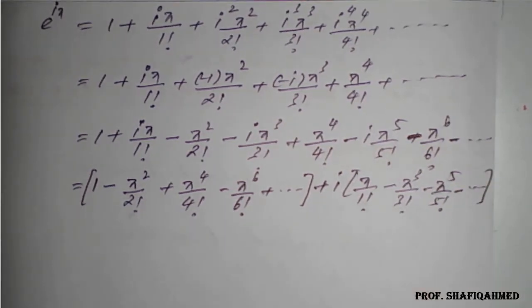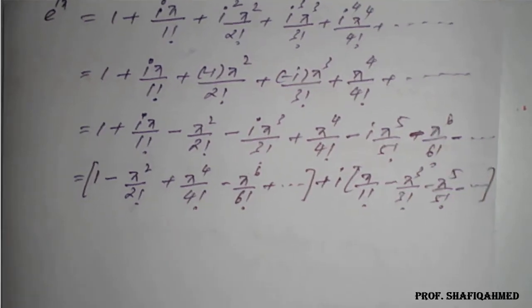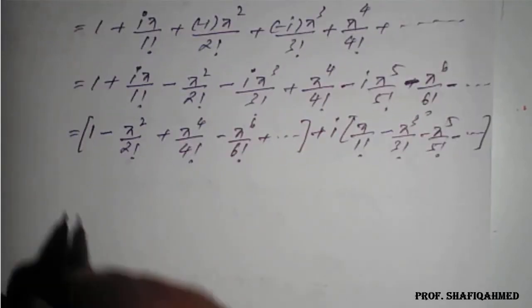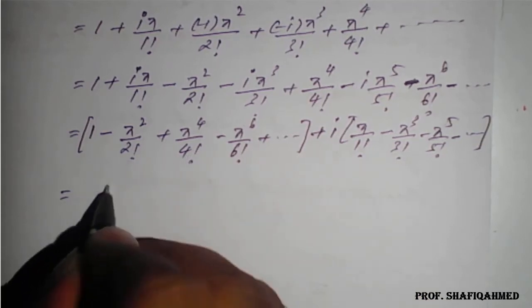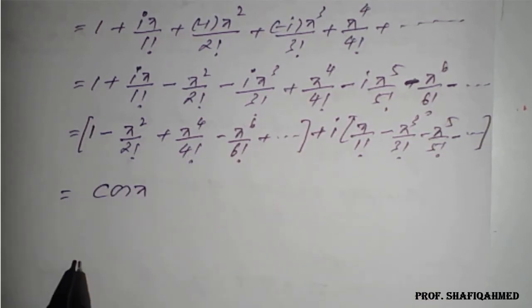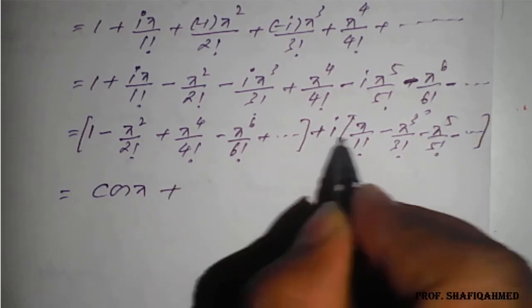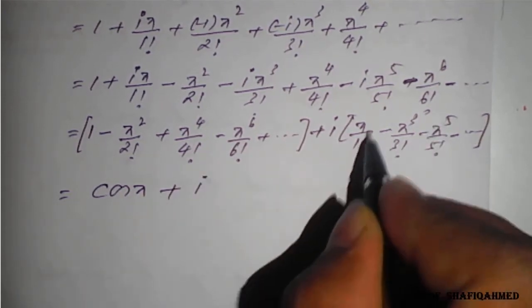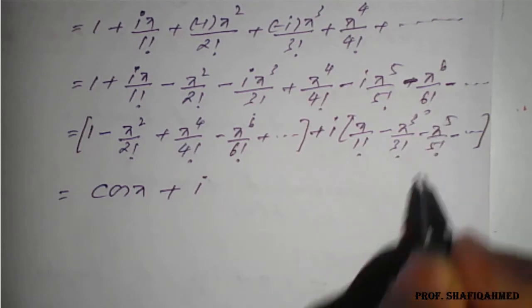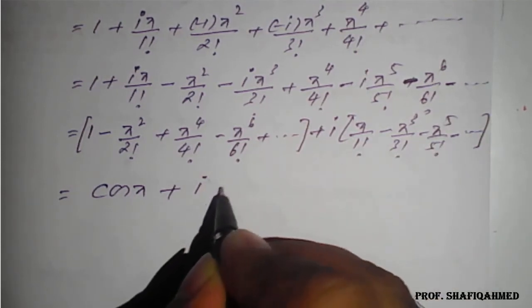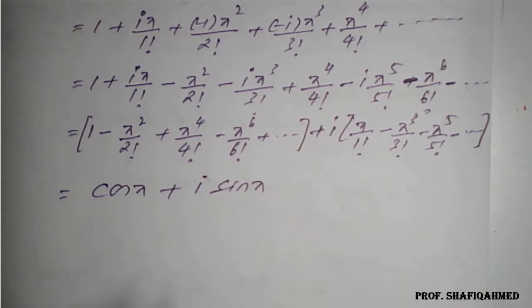In this way we have to arrange this. But remember, the first bracket we have is the series for cos x. Plus i times this bracket, x upon 1 factorial minus x cube upon 3 factorial minus x raised to 5 upon 5 factorial, is the series result of sine of x.